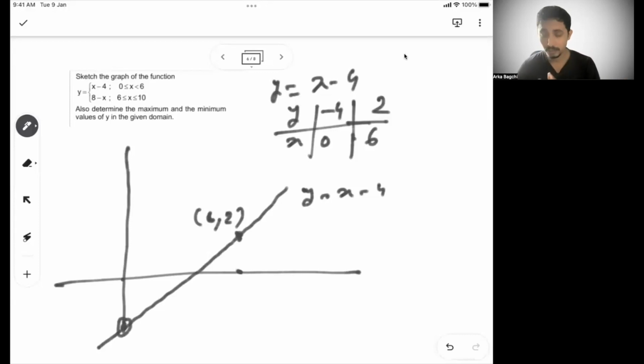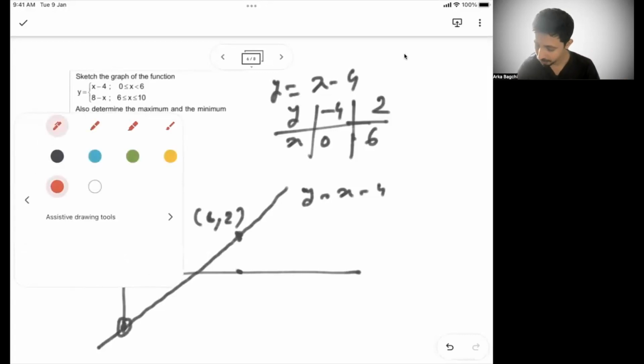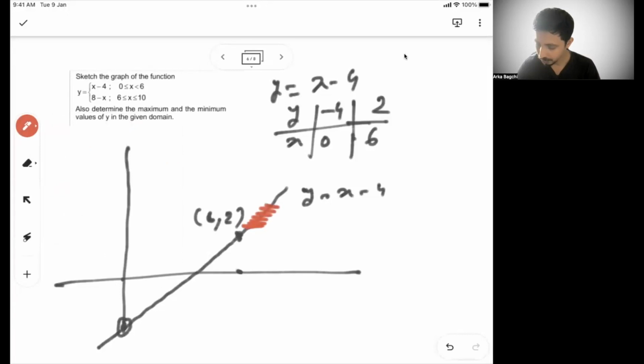Now if you see carefully, this part will not exist, because y equal to x minus 4 holds only till x equal to 6, not beyond it. From there, we have another equation, which says y equal to 8 minus x. If I now plot this, x equal to 0 is not possible because it starts from 6.